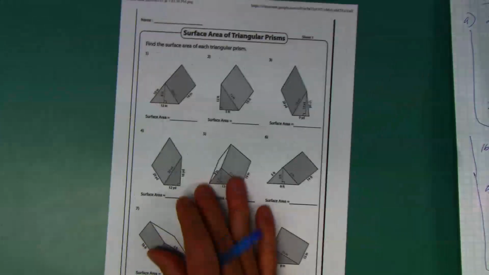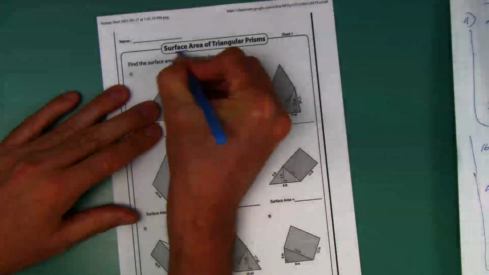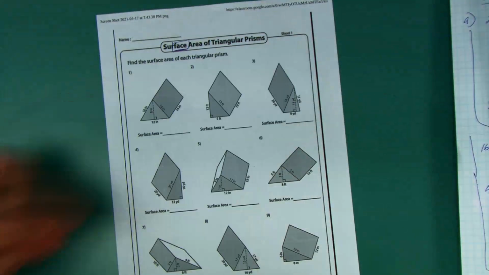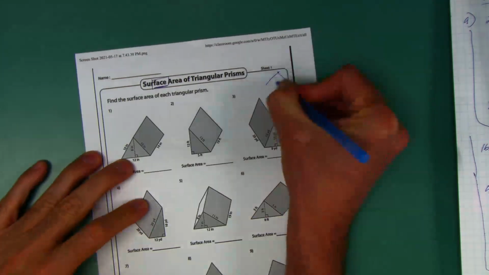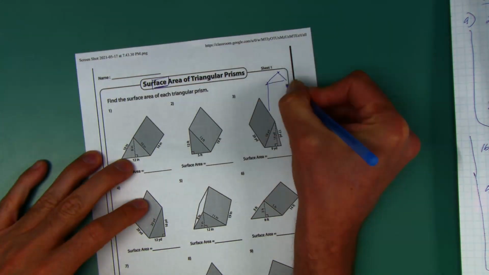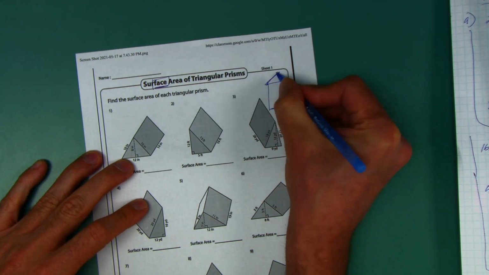Now, for a surface area, remember we are going to get the area of each face. Now, all of these are triangular prisms. Now, all of them are set up like either skateboard ramps or tents. I like when they're set up like buildings.